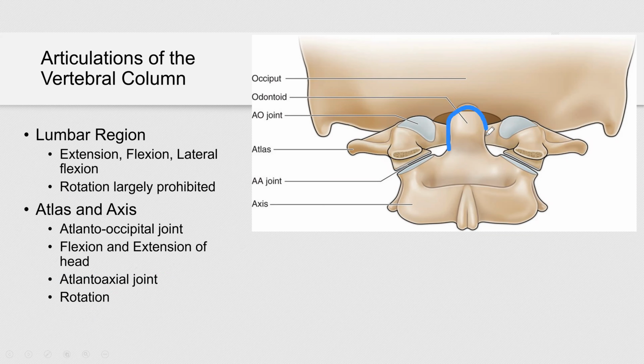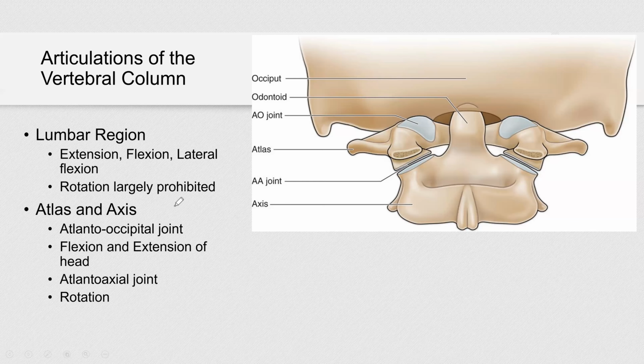We also have a joint between the atlas and axis, called the atlanto-axial joint, that allows for rotation. So it's a pivot joint. You have the dens of the axis, and it allows you to rotate your head. The atlanto-occipital joint is between the occipital condyles of the occipital bone and C1, our first cervical vertebra. C1 articulates with the occipital bone at the occipital condyles.